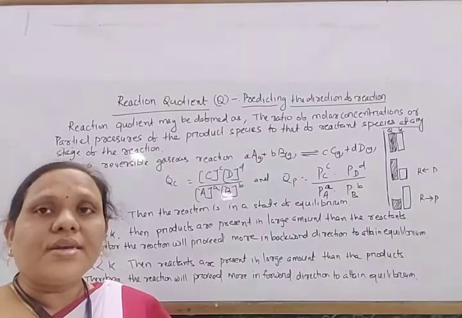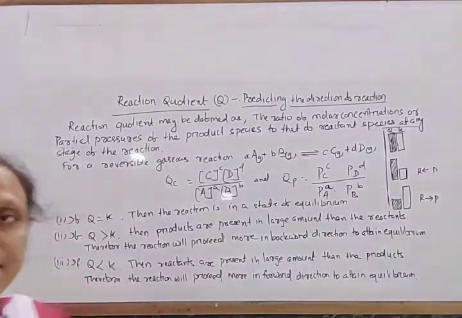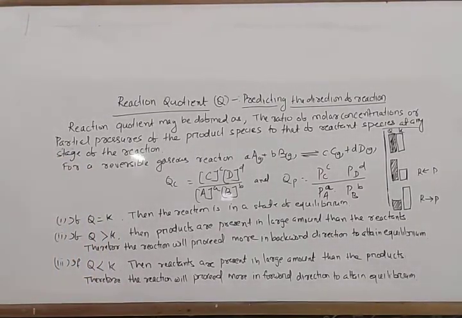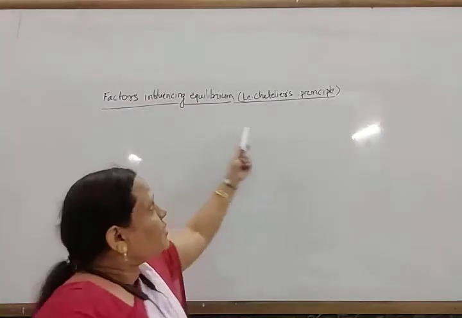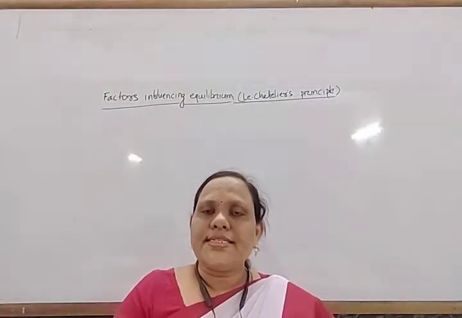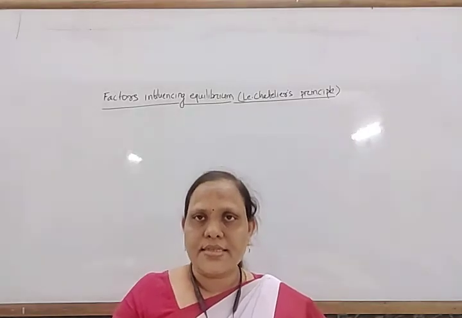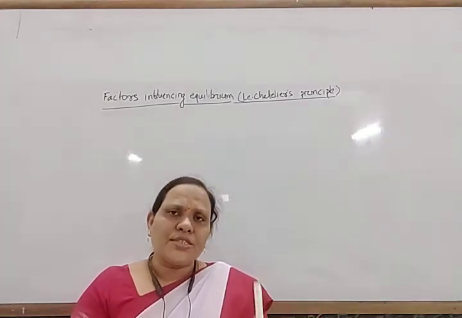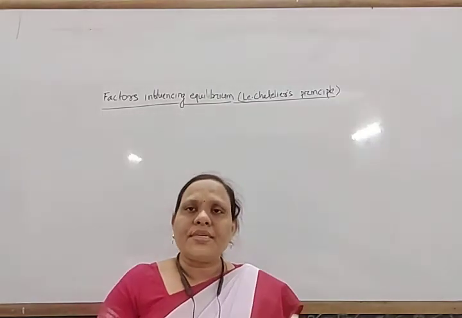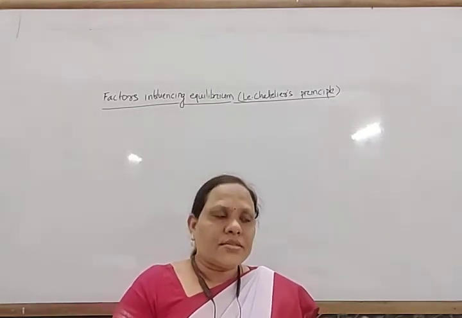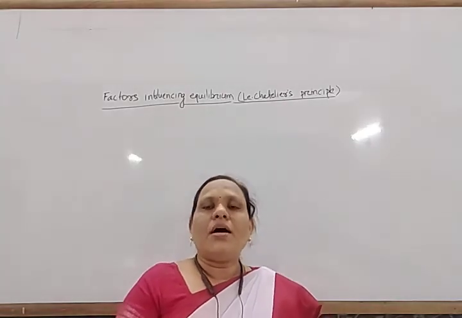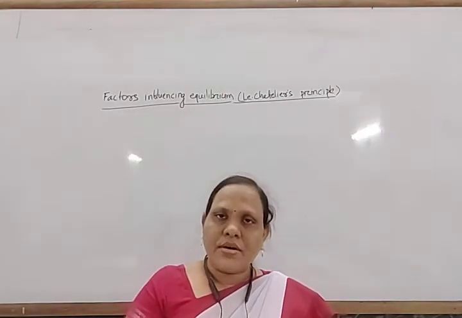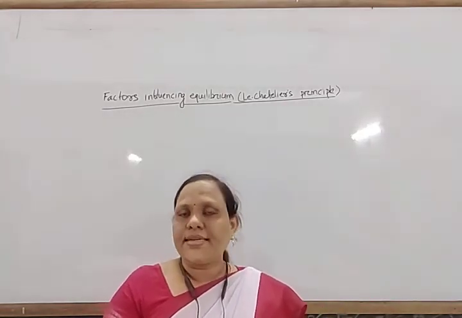Next come to the factors influencing equilibrium, which are given by Le Chatelier's principle. Suppose a system is in equilibrium and is subjected to a change in concentration, temperature or pressure, or we add some catalyst at equilibrium.